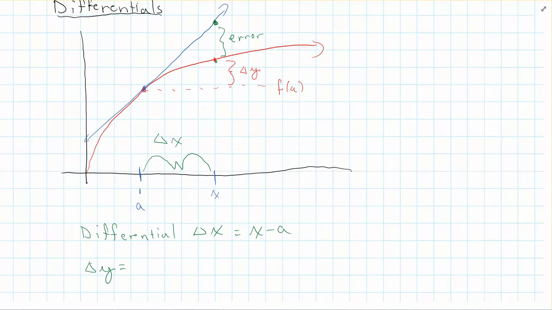So my differential is simply f at x minus f at a.